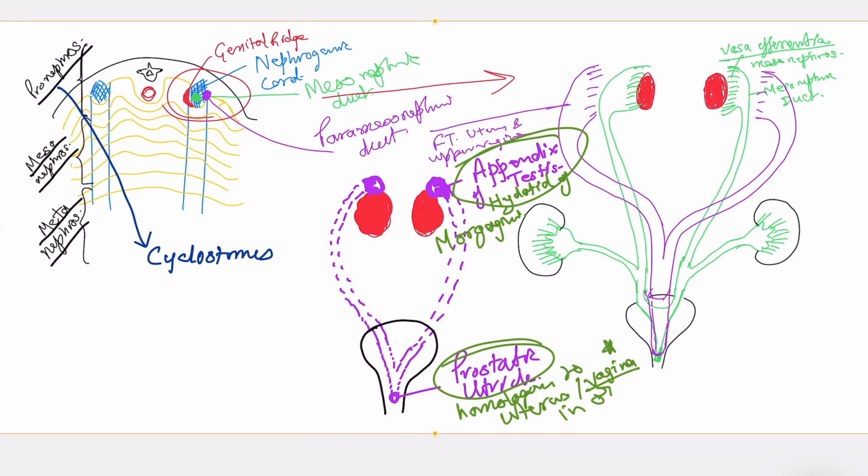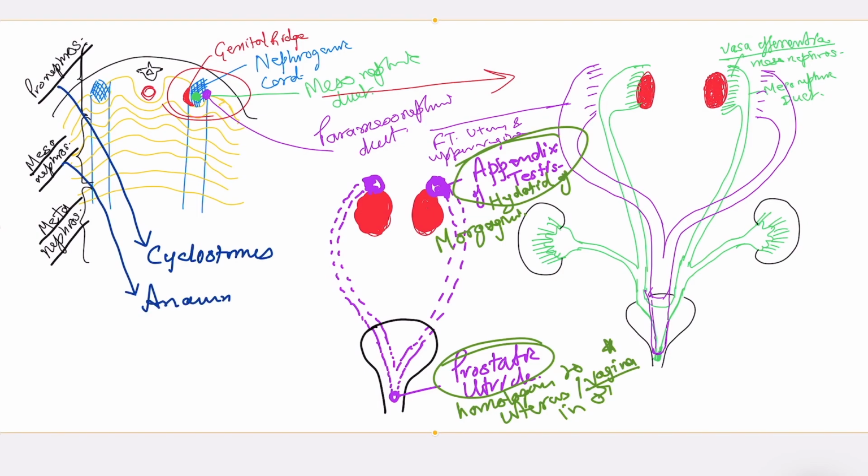The definitive kidney, the functional kidney, has been seen to develop from the mesonephros in some amniotes and primitive vertebrates.